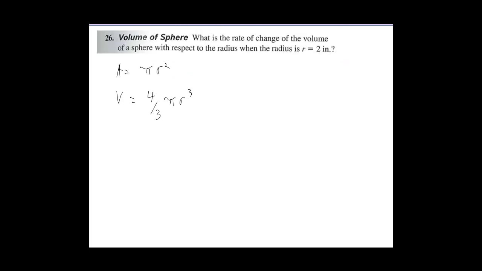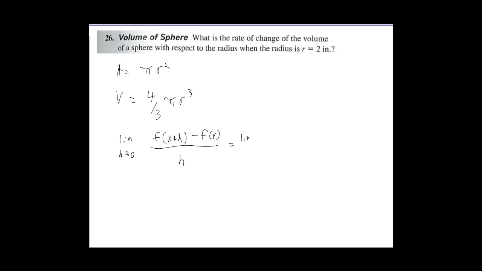Use your definition of slope on the top of page 90, which is the limit as h approaches 0 of f of x plus h minus f of x all over h. And then instead of the function being pi r squared, you just plug this in as your function value.